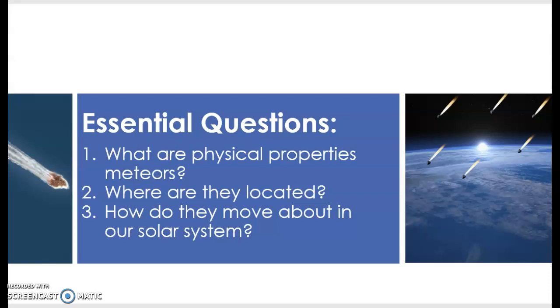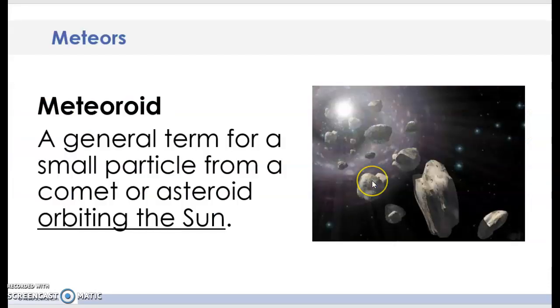Okay, so the first one we're going to go over is meteoroid. Meteoroid is just a general term for a small particle from a comet or an asteroid that orbits the sun. So really, a meteoroid is a broken off piece of this asteroid or comet or whatever's out there.